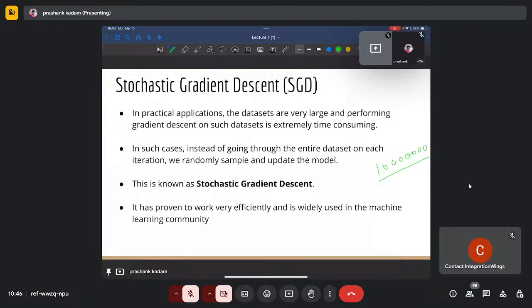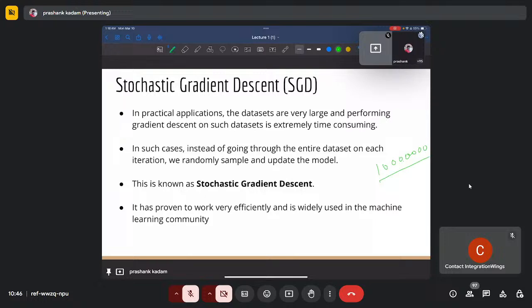As I told you earlier, you don't want to stick in a local minima, so you want to run it multiple times with different starting points. If you do this with 10 million data points, and 10 million is a very modest estimate, we deal with data sets which have like 100 million data points. It's very compute expensive to train your algorithms on the complete data set.